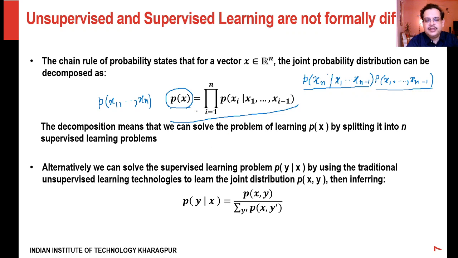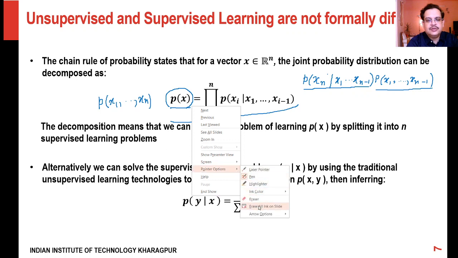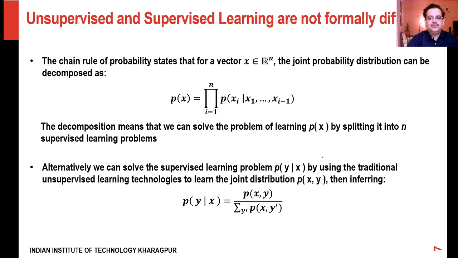Alternatively, I could also do the other way around, that is, I could solve the supervised learning problem, where we are interested in learning the probability of y given x, by using the traditional unsupervised learning technologies to learn the distribution P(x, y), and then inferring from that distribution, I can infer each of the terms in this, and thereby I can actually find this.